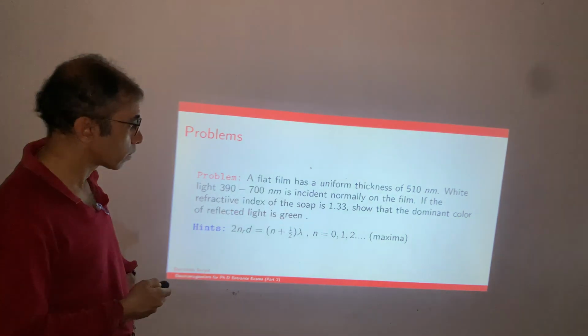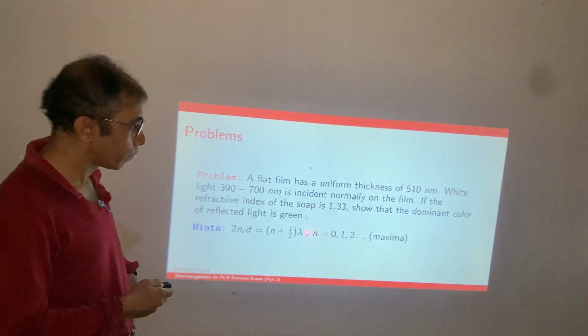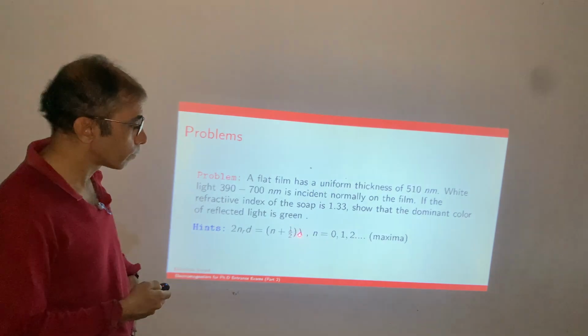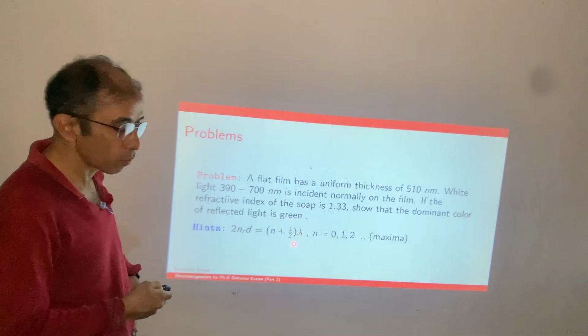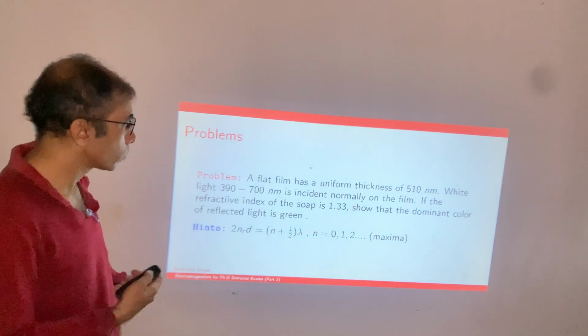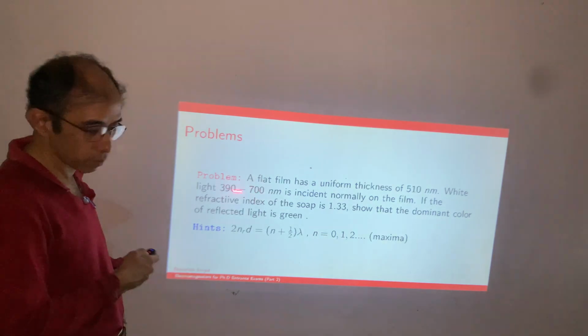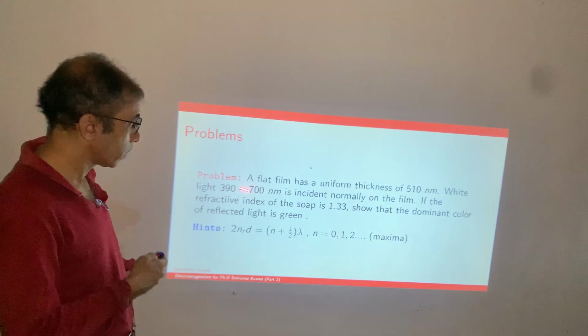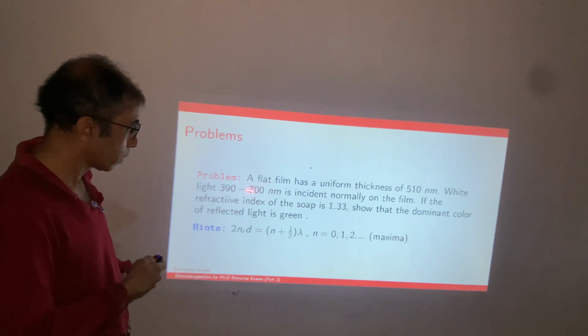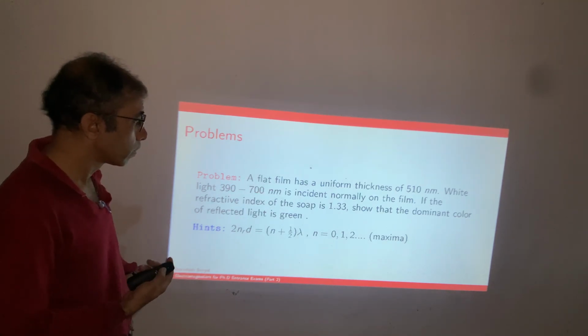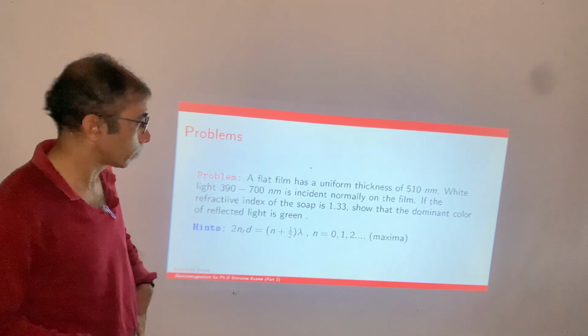The reflected light is green. So you change n and see what's the value of lambda and choose the value of lambda which lies in this range, and find out the color of that lambda.